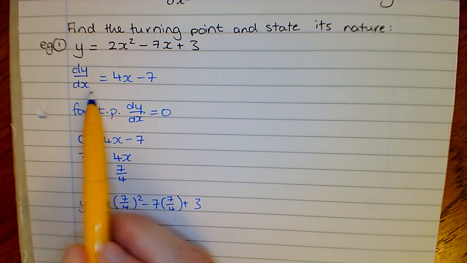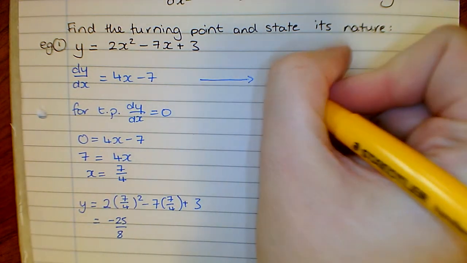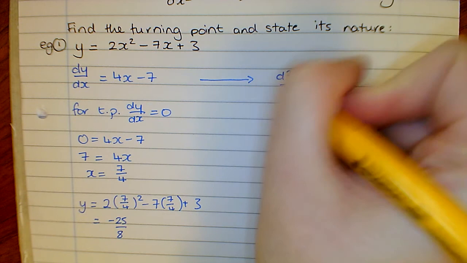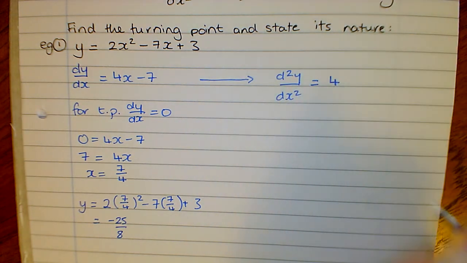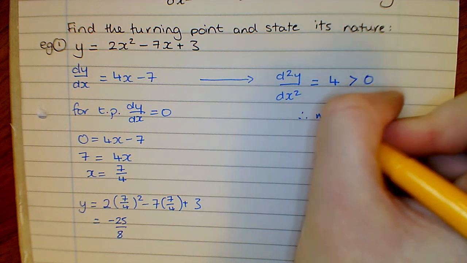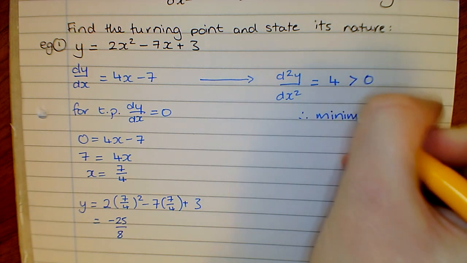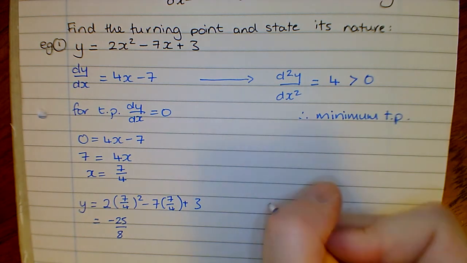So we found that dy by dx was 4x minus 7. Let's now find d2y by dx squared by differentiating again, and we get 4. That's obviously greater than 0. Therefore, it's a minimum turning point.